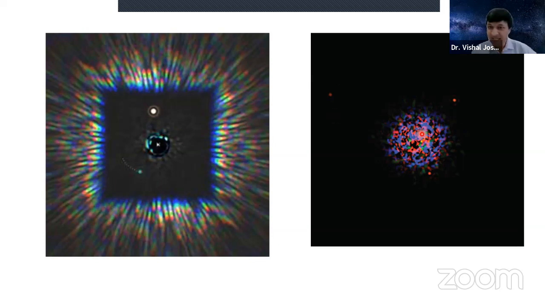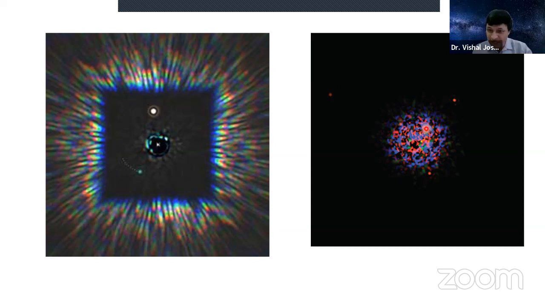The other, even more convincing example is this. When you occult the star, you will still get some fraction of the light from the star. So this central globule is actually leaked light from the star, but that leaked light is a millionth of the total starlight.